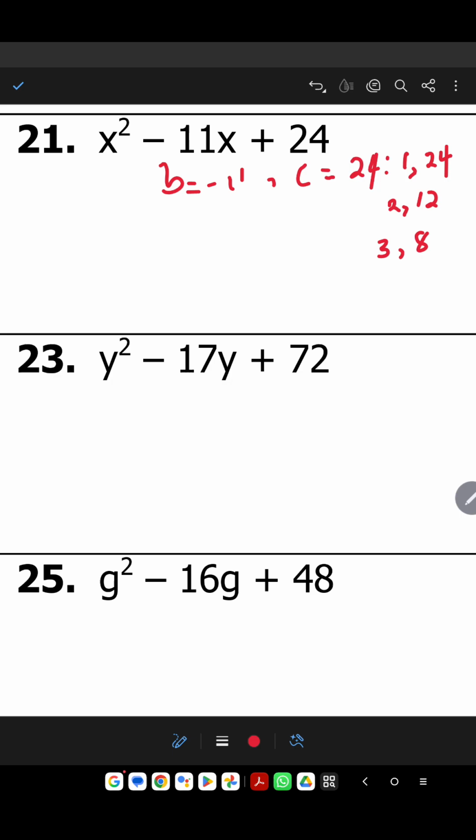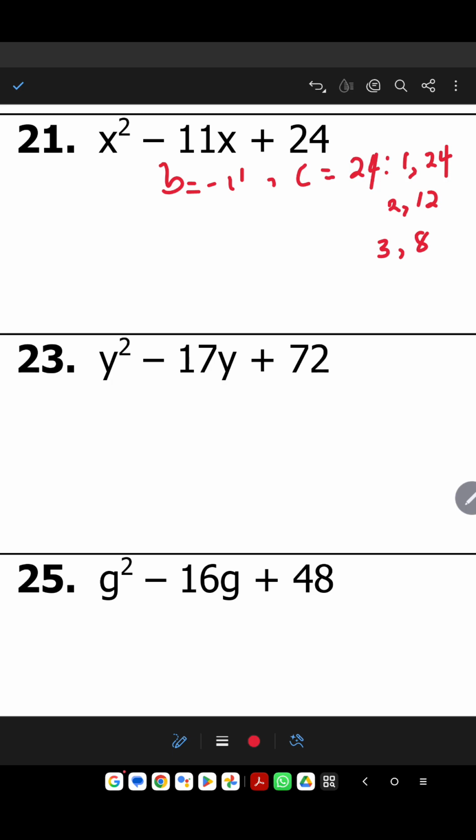All right. So remember now, as I said, there are two ways that we can multiply and get a positive number. The first is by multiplying a positive times a positive. So positive 1 times 24 is equal to 24. And you can see the rest of them. 2 times 12 is equal to positive 24. 3 times 8 is equal to positive 24.